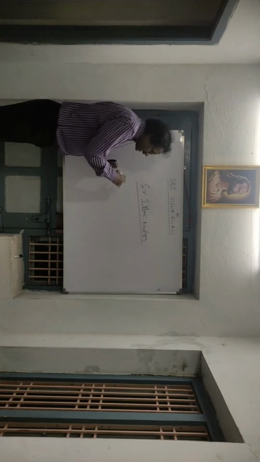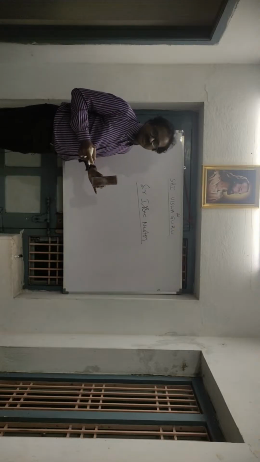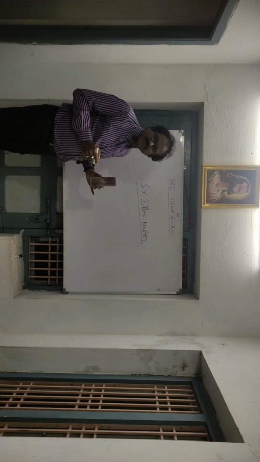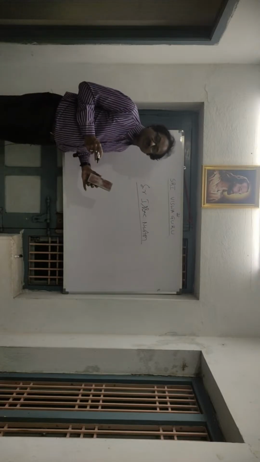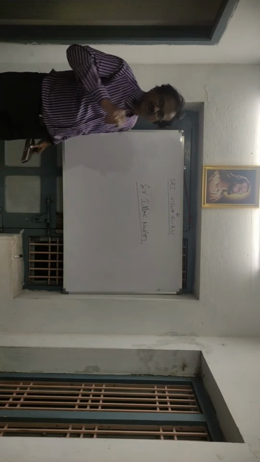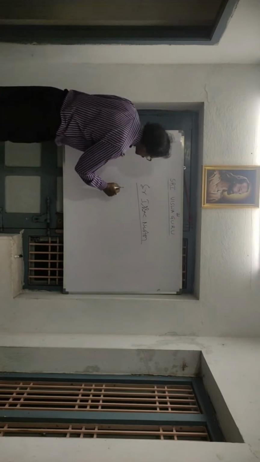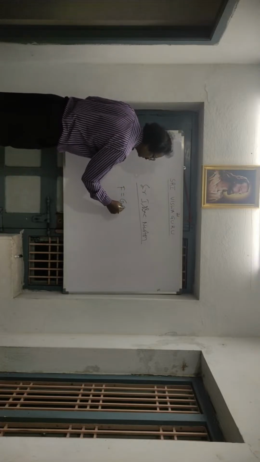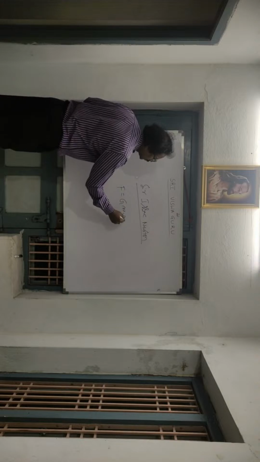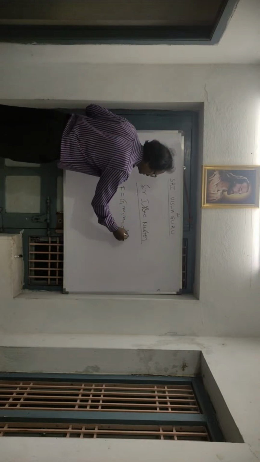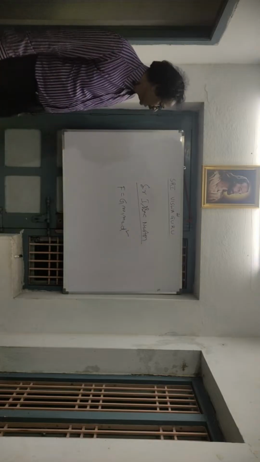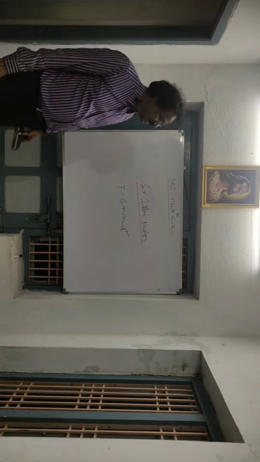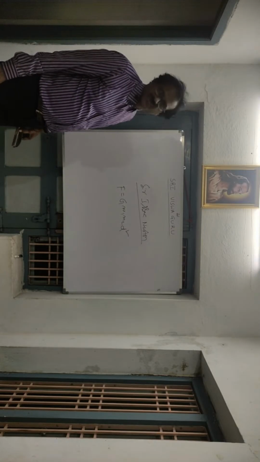For attraction between two objects, the force is equal to G m1 m2 over d square. F is equal to G m1 m2 over d square.